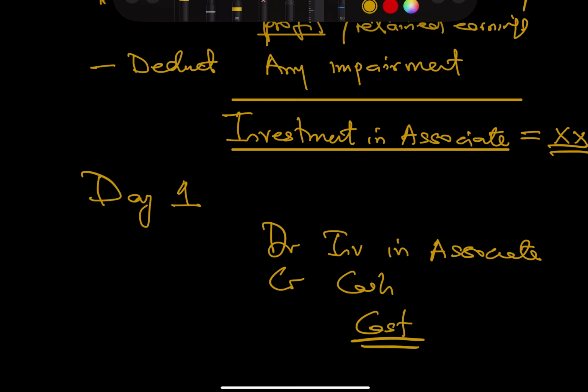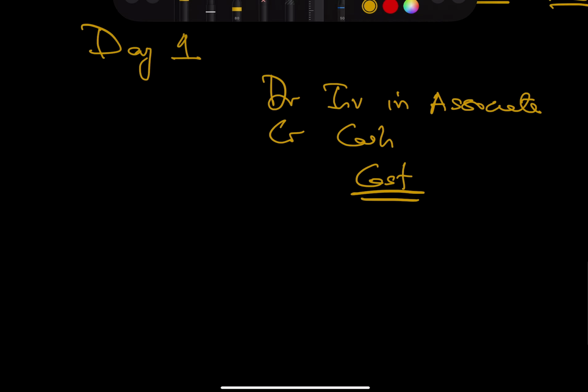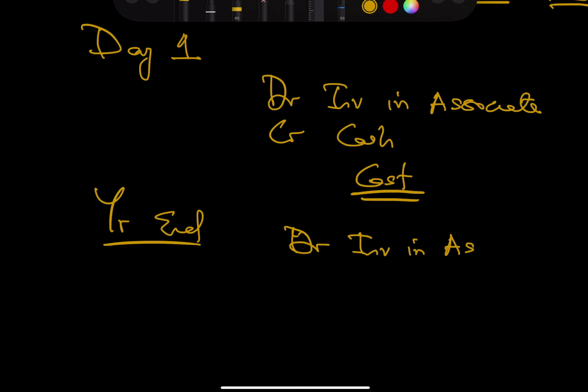When you buy. But at the year end, there will be profit from the associate. Then you post the entries by debiting investment in associate, and credit income from associate. Income or share of profit, it's the same thing, depending on the way you name the account.